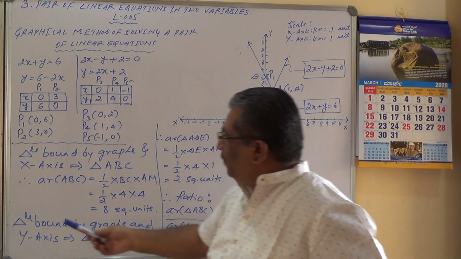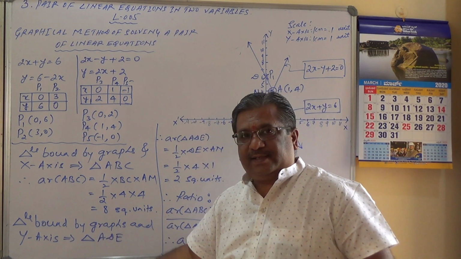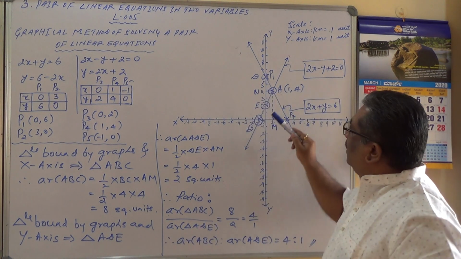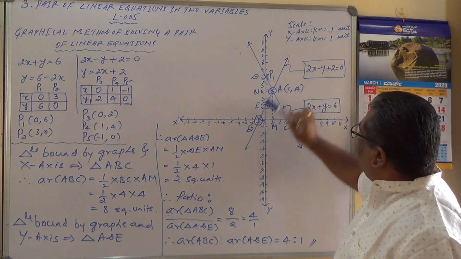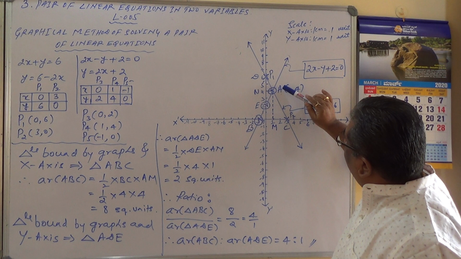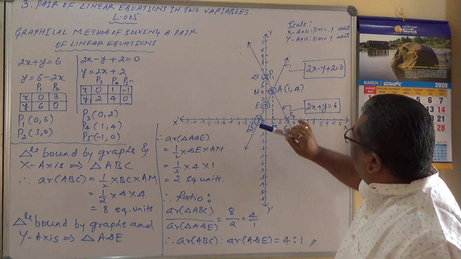Fine. Next, the triangle bound by the graphs and the y-axis is the second triangle which we need to identify. The triangle formed by the two graphs and the y-axis. You can see here A, D, and this is E here.